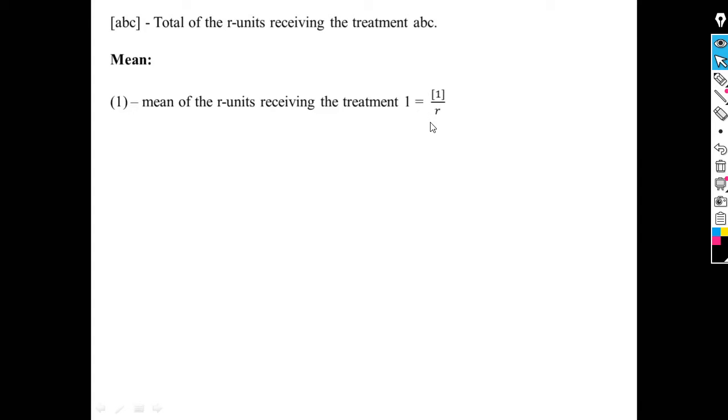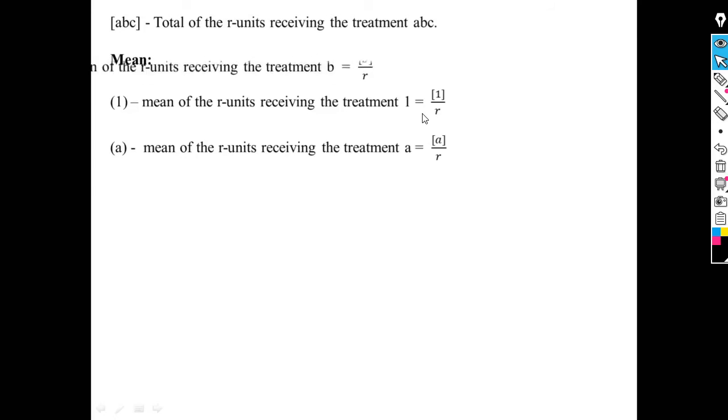Here we have r replicates, so the number of observations for treatment 1 is r. Then open bracket A denotes the mean of the r units receiving the treatment A, and it is found with the help of the formula square bracket A upon r, that is, total for treatment A upon r.